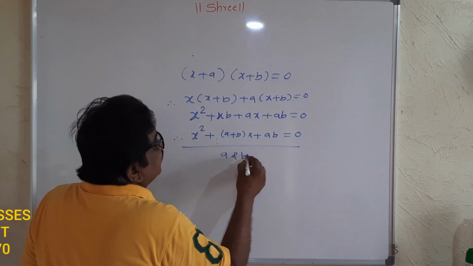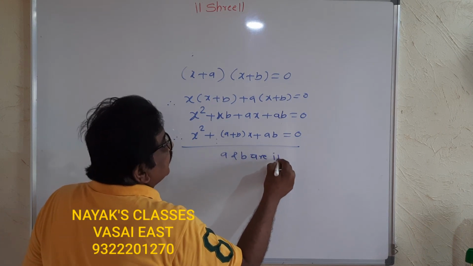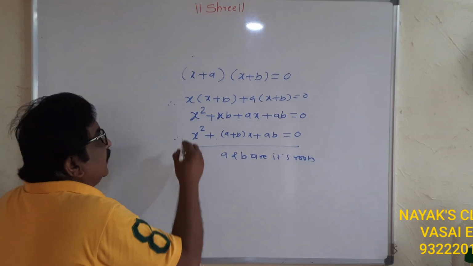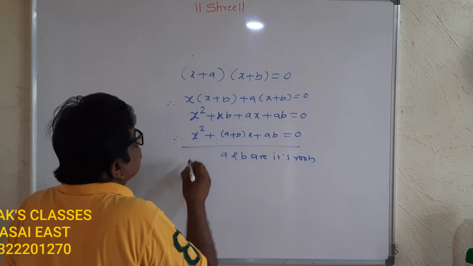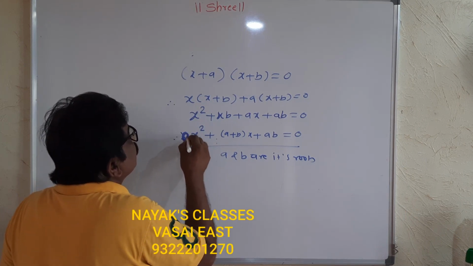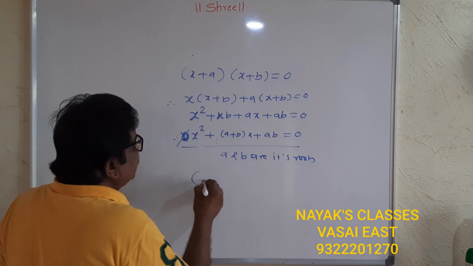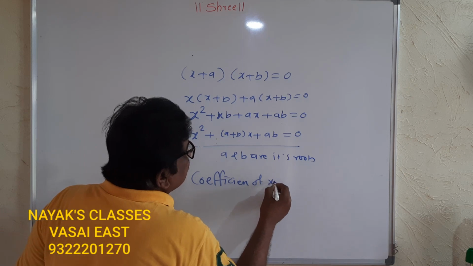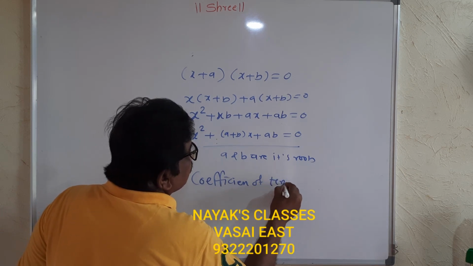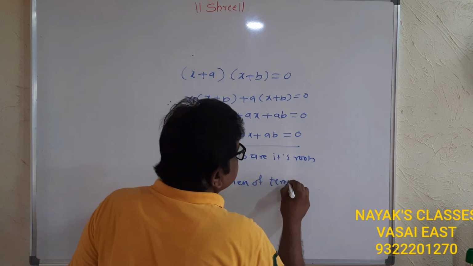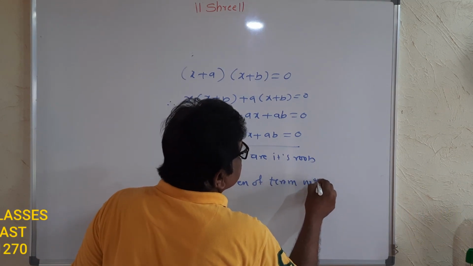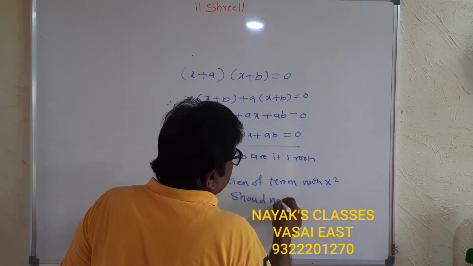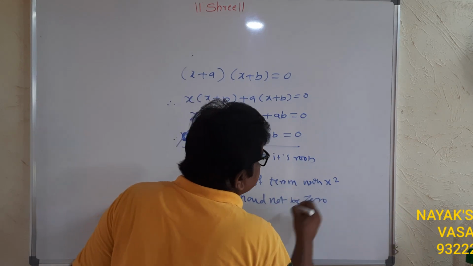A and b are its roots. In any case, the coefficient of the term with x square should not be 0.